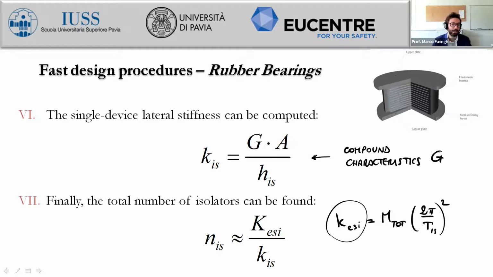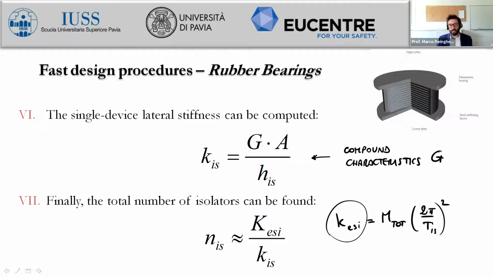And actually, this is a typology of bearing which provides a lateral force response which is uncoupled with respect to the axial force. And you are perfectly right when we deal with the curved surface sliders, where we have differences in the force response induced by the vertical loads.